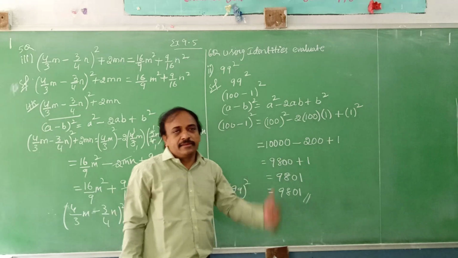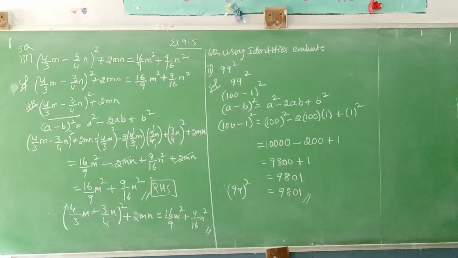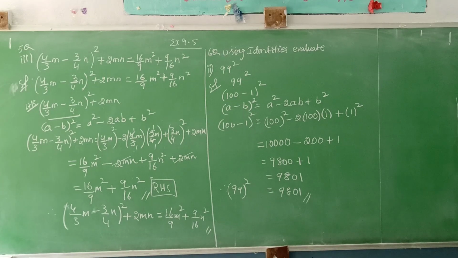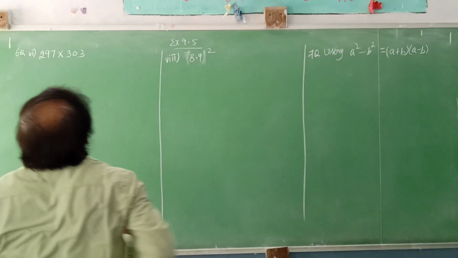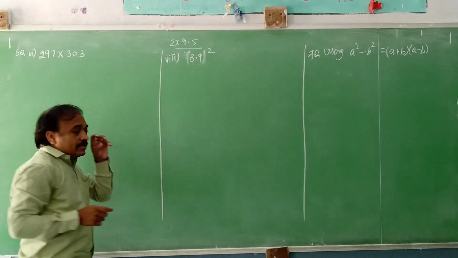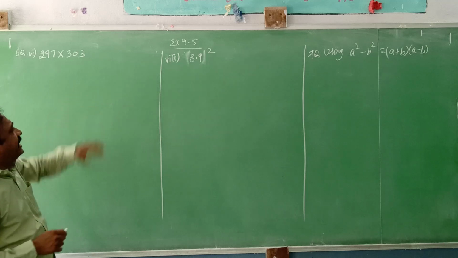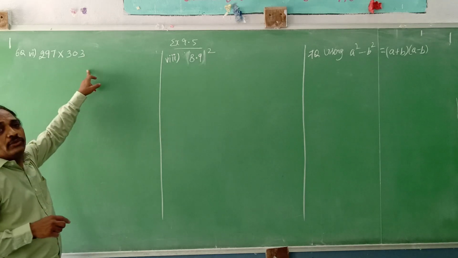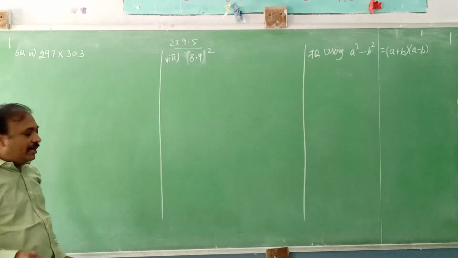Is it clear? Now we see another question. From the 6th question, we have one more, the 6th bit and the 8th bit: 297 into 303. By using the identities only you have to evaluate.